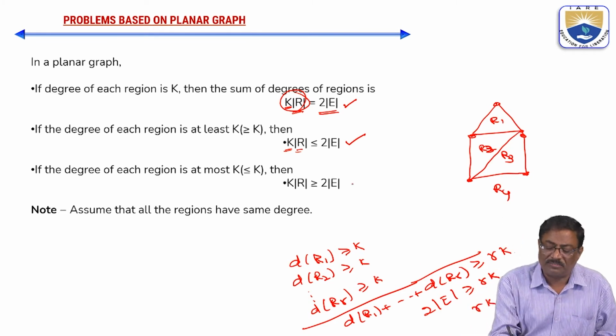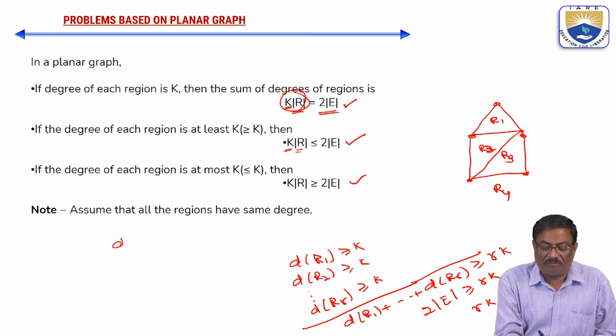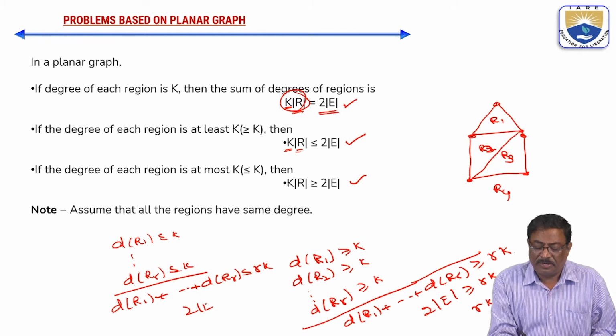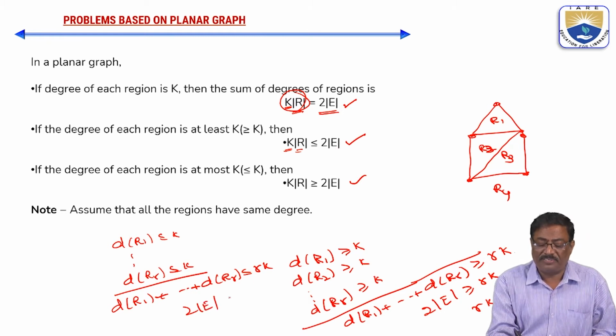Suppose I consider the next one: if degree of R1 is less than or equal to K, and degree of RR is less than or equal to K, then the sum of degree of R1 to degree of RR is less than or equal to RK. So 2 into the number of edges is less than or equal to RK.